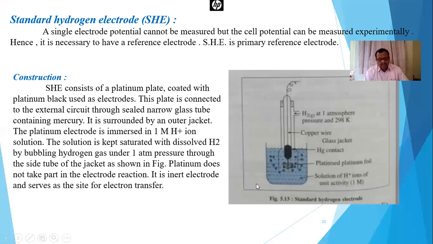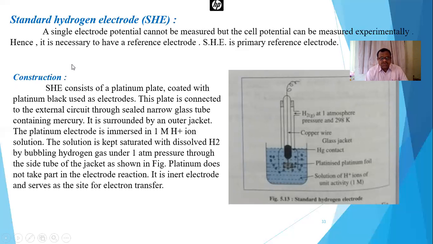Now let us go on to the next point, which is the standard hydrogen electrode. As you all know, the electrode potential of a single electrode cannot be measured, while the cell potential can be measured experimentally.